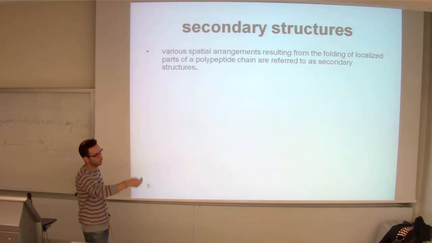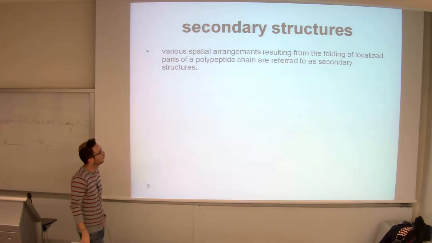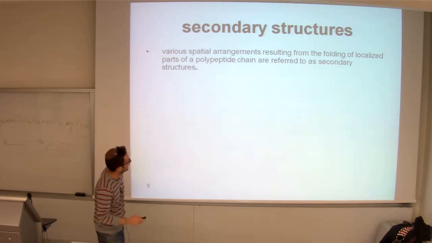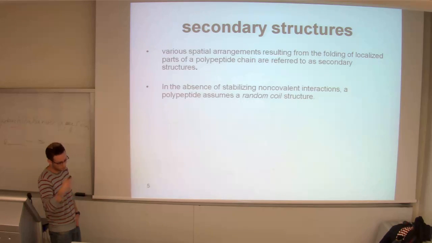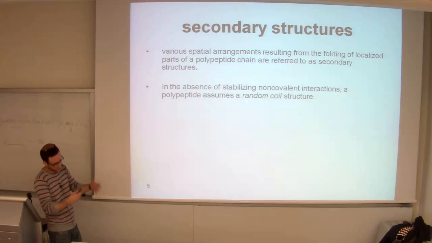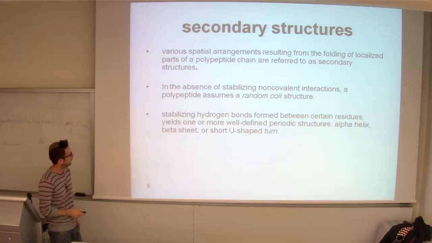And now, from the secondary structure and up, these are only non-covalent stabilizing interactions. And when you don't have these stabilizing interactions, the polypeptide assumes a random coil structure, meaning that it doesn't look like anything. It doesn't have a defined structure.